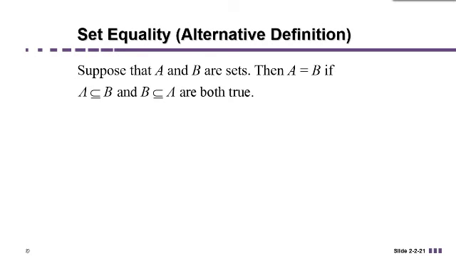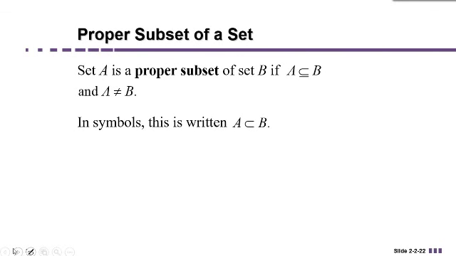Another way of looking at it is if you have two sets A and B and you want to know if they're equal, check to see if A is a subset of B. In other words, if every element of A is contained in B. And then check to see if B is contained in A. Every element of B is an element of A. If both of these things are true, then it must be that they have exactly the same elements, so they're equal. A proper subset, as we were just discussing, just means that it's a subset, but it's not equal.